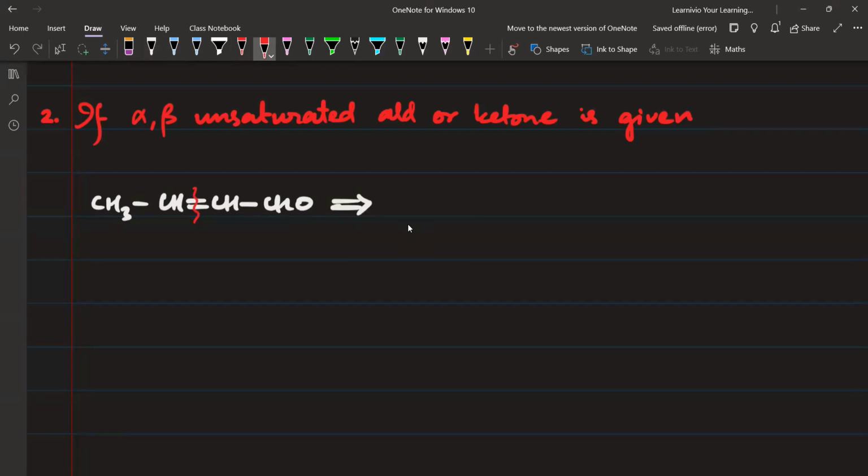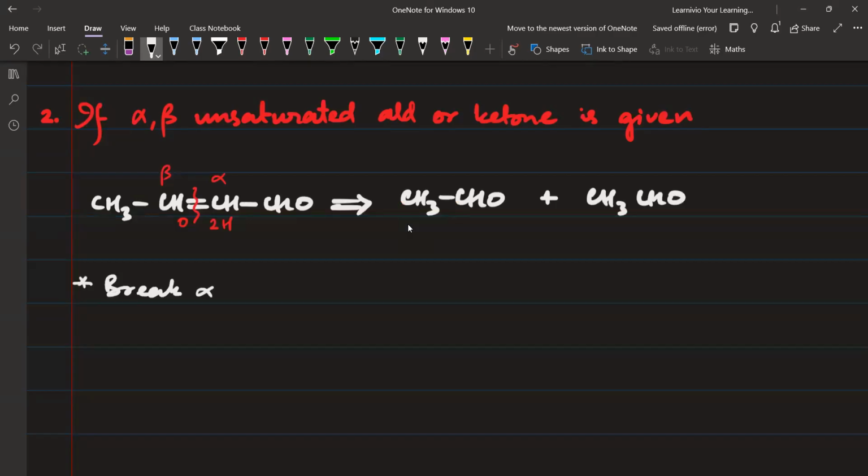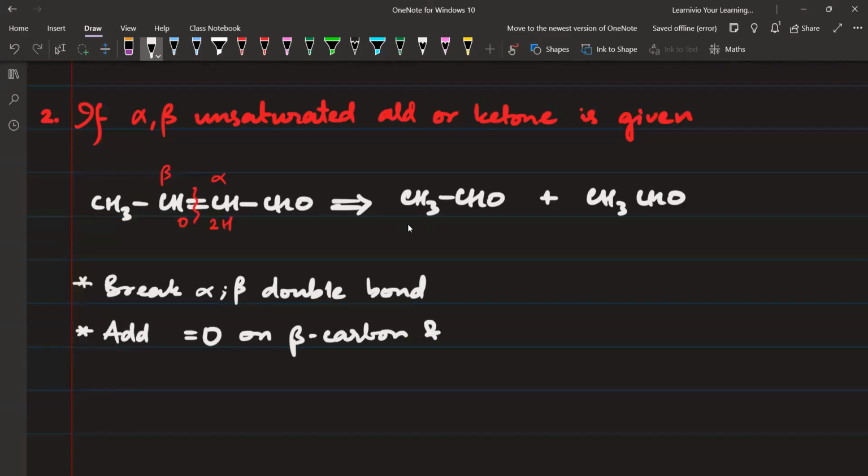This is alpha, this is beta. On the beta carbon, instead of the double bond, put an oxygen, and on the alpha carbon put two hydrogens. That's it. So you will become CH3CHO plus CH3CH. Break the alpha beta double bond, add double bond O on the beta carbon, and put two hydrogens on alpha.